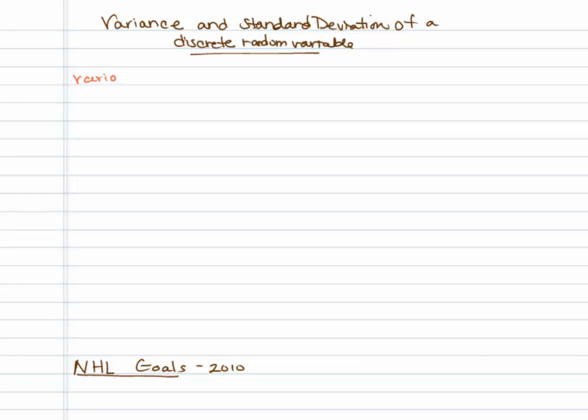So to start off, the variance of a random value, if you don't remember, we're going to use this symbol, sigma of x squared, is the average squared deviation of the values of the variable from their mean.